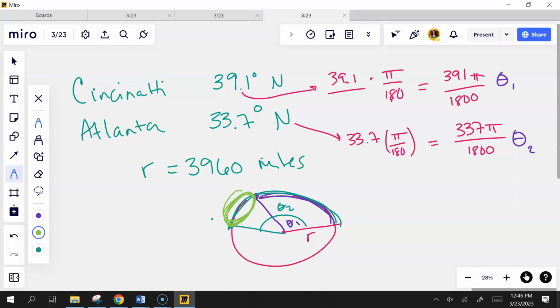What are your radians? 3 pi over 10 times pi times the radius, which is 3960. It's off by 10. Oh, it's 3 pi over 100.